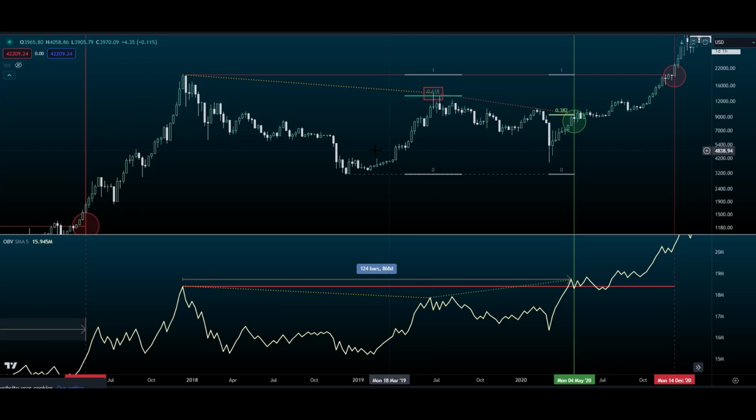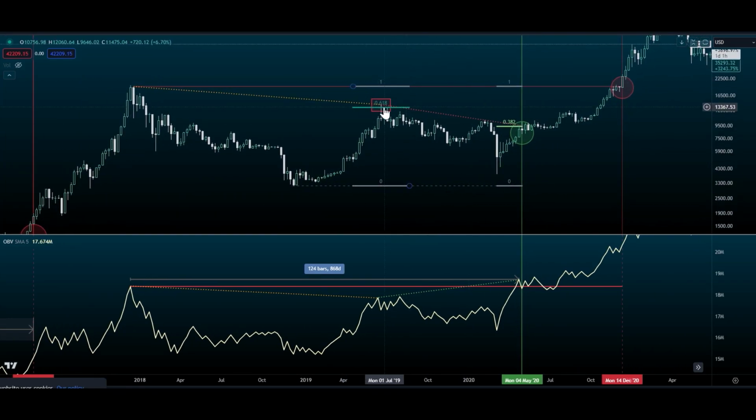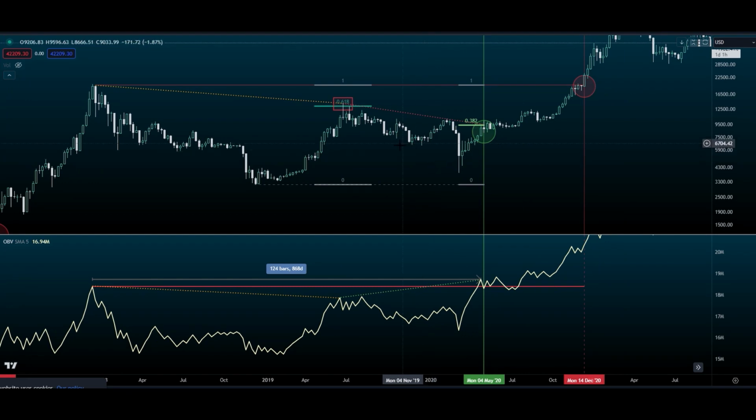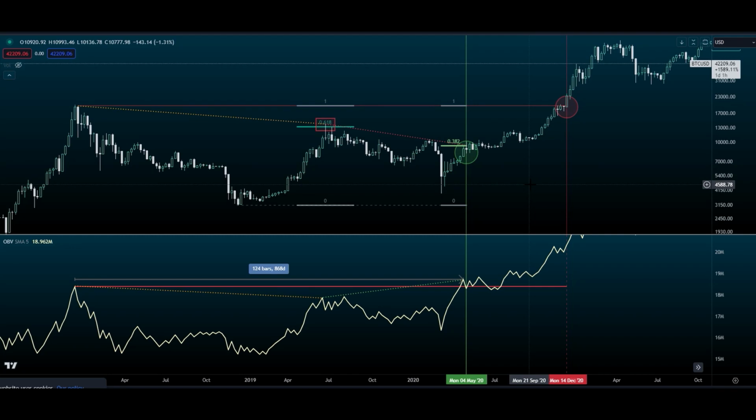And then in 2019, I had one failed attempt at a higher retracement before going into reaccumulation, breaking the OBV high at the 0.382, and then continuing. So quite a different structure, quite a different nature.